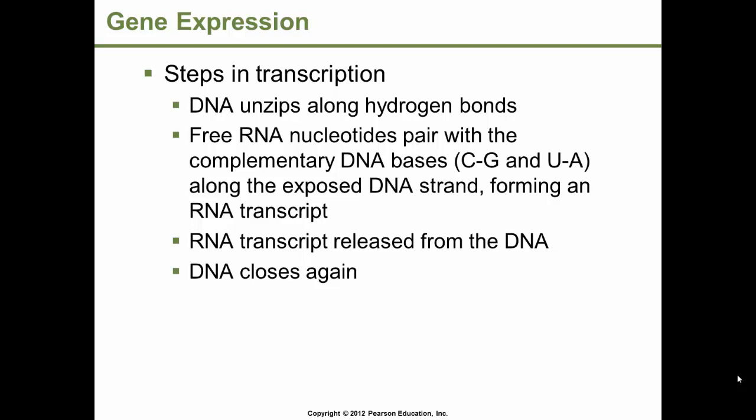There are three types of RNA produced. You see the mRNA. Later in the chapter we'll talk about tRNA, which stands for transfer RNA, and there's also rRNA, which stands for ribosomal RNA. mRNA, messenger RNA, carries the information for synthesis of proteins.